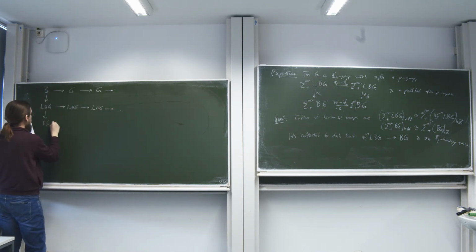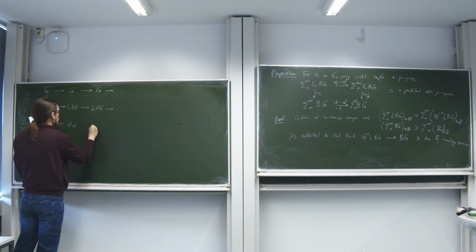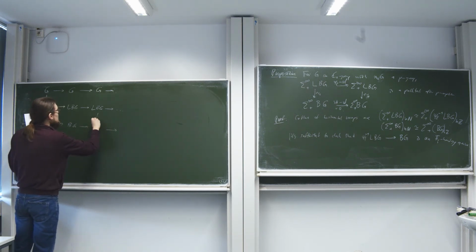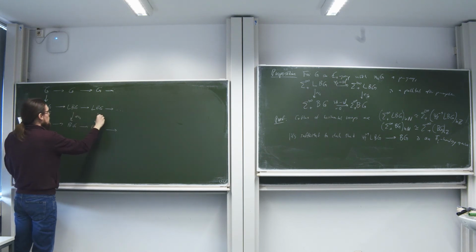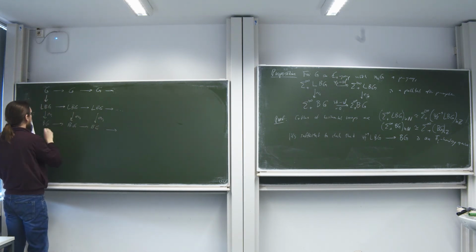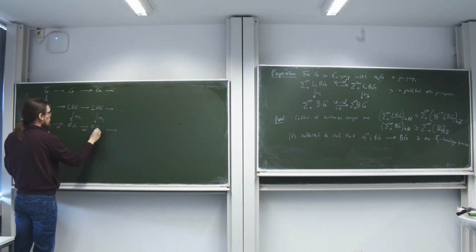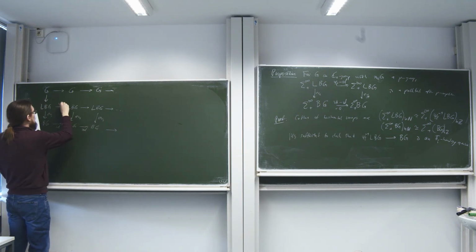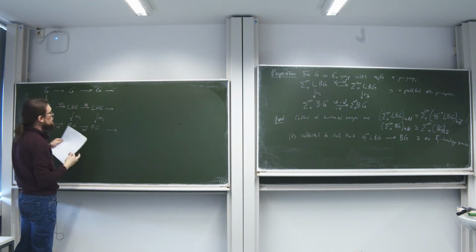Down here we have BG. These maps are evaluation at the base point. These maps are the identity. And these maps are psi p, precomposition with a degree p map.